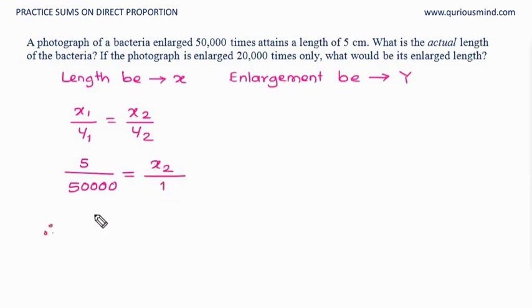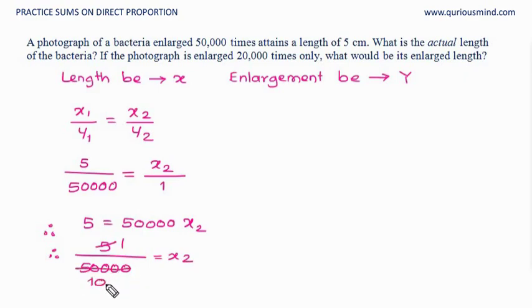And therefore, now we'll do 1 this side. So 5 is equal to 50,000 multiplied by X2. And therefore, 50,000 comes this side. So 5 upon 50,000 is your X2. And 5 ones are 5, 5 ten-thousands are X2.